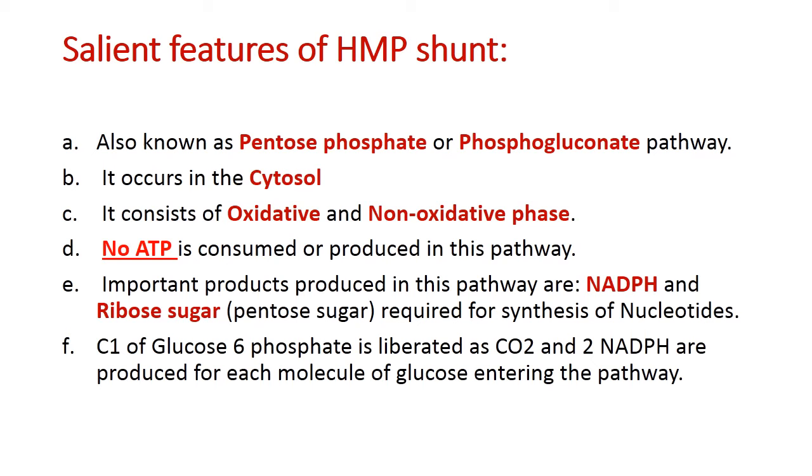This is because the oxidative pentose pathway involves some reactions of the glycolytic pathway and therefore it has been viewed as a shunt of glycolysis. That's why it is termed the HMP shunt.